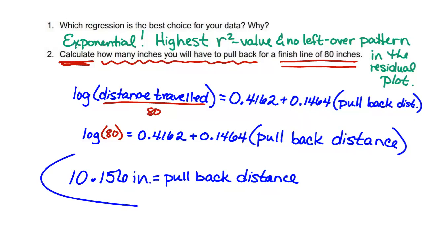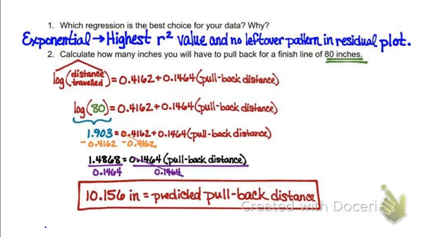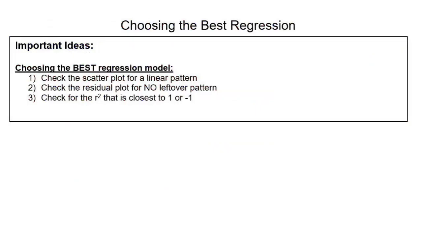All right. So flip it over on the back. A couple minutes left. Big idea for today: choosing the best regression model. We're going to check the scatter plot for a linear pattern. We're going to check the residual plot for no leftover pattern.